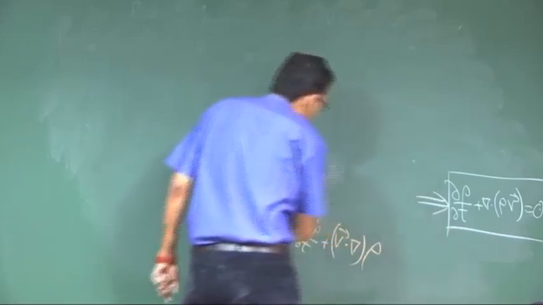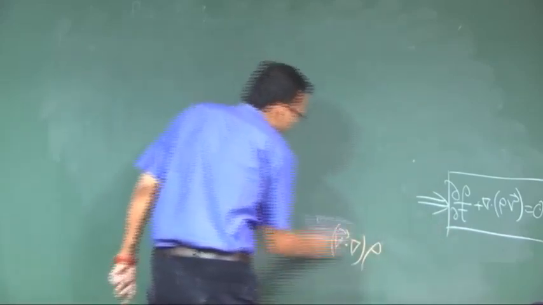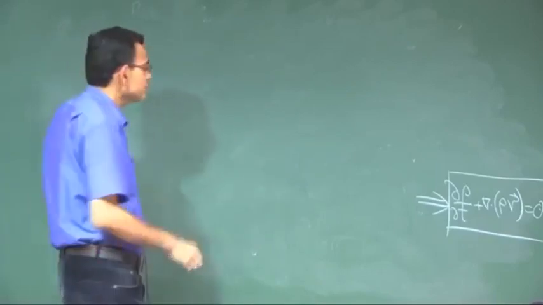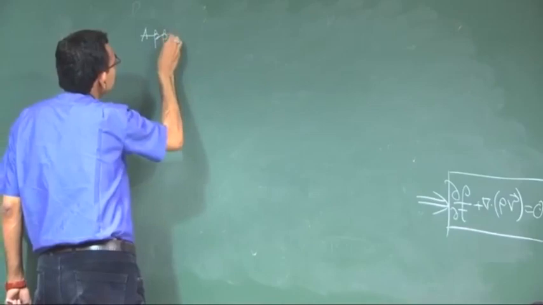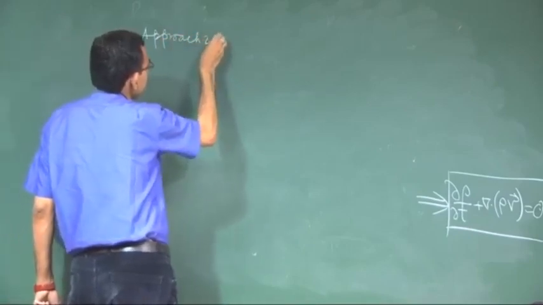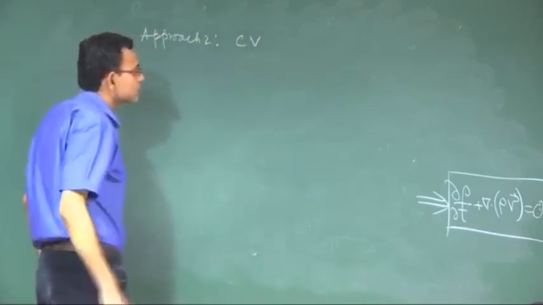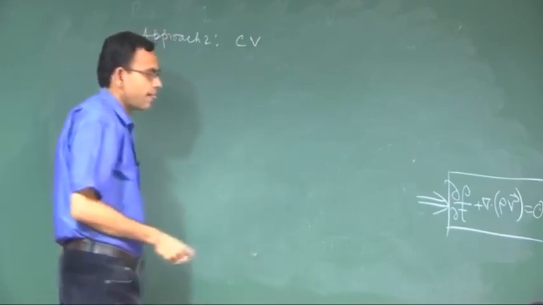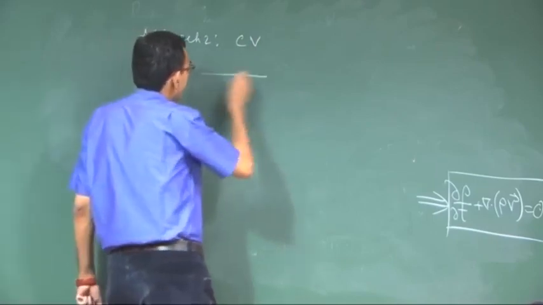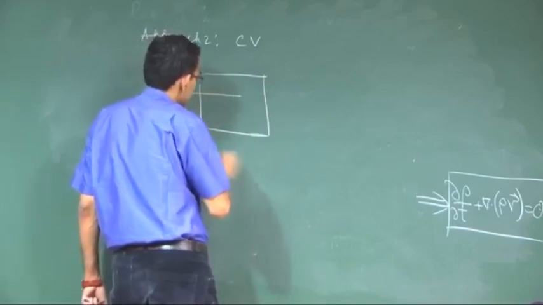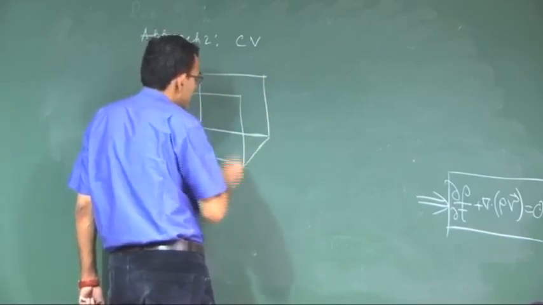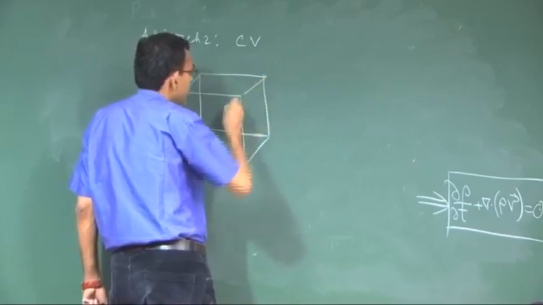The other more traditional approach, which we normally follow in all classes, is the control volume approach. For this we assume that there is a rectangular control volume, so that we can use a Cartesian system for our derivation.